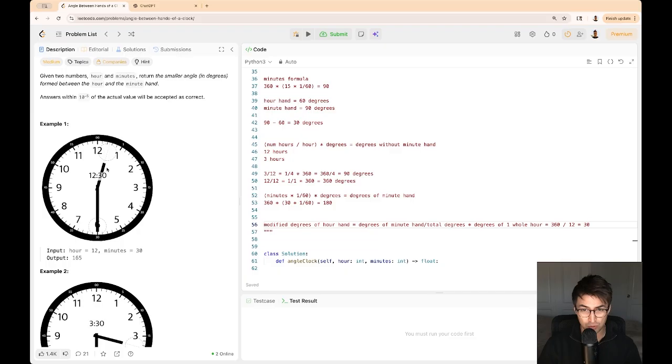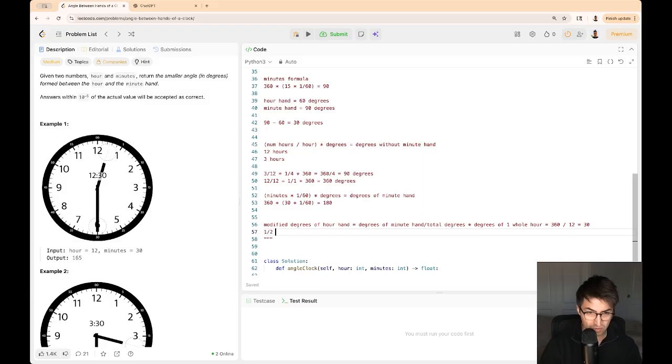So 180 divided by 360 is 1/2. Times 30 equals 15. So 15 gets added to the degrees of the hour hand to get the modified hour hand.